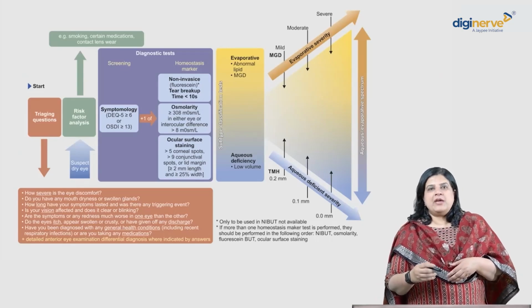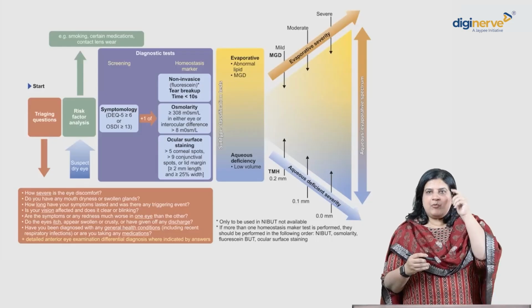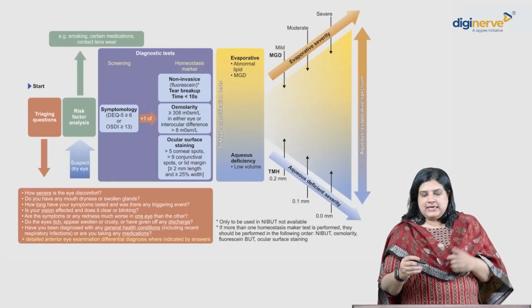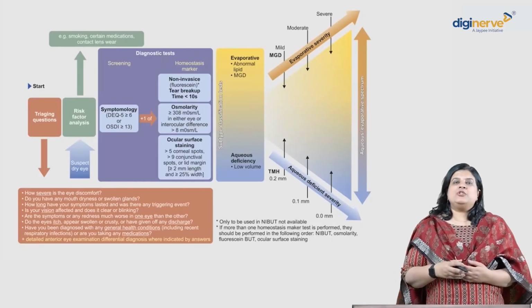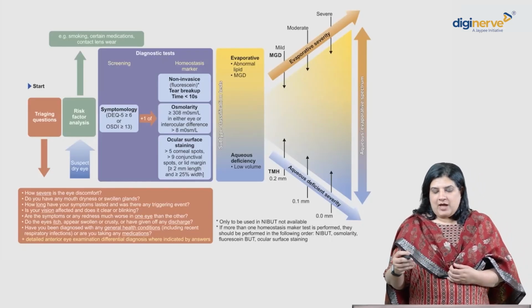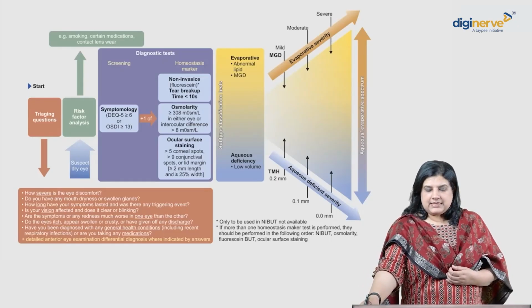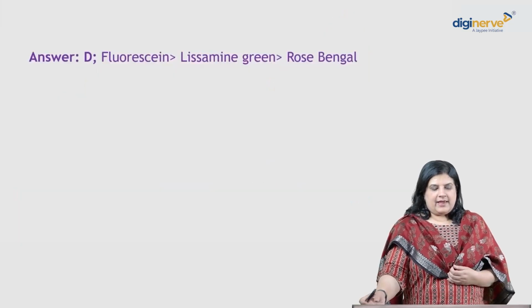You also measure the tear meniscus height, which is right there under the slit lamp on high magnification, and see how much is the height. If it's about 0.2 millimeters, it's a mild patient with dry eye, 0.1 millimeters, moderate dry eye, and 0 millimeter of tear meniscus height points towards a severe dry eye.